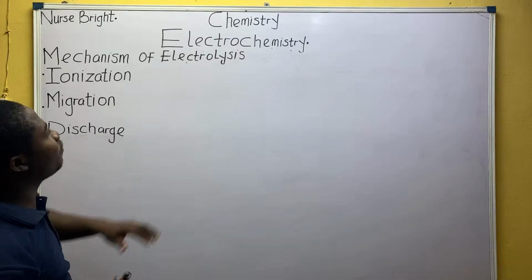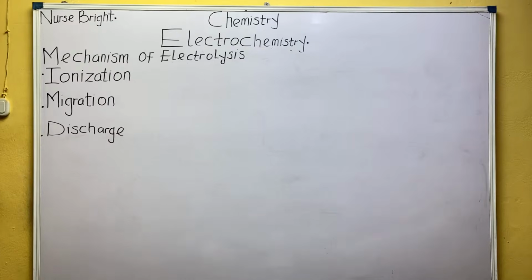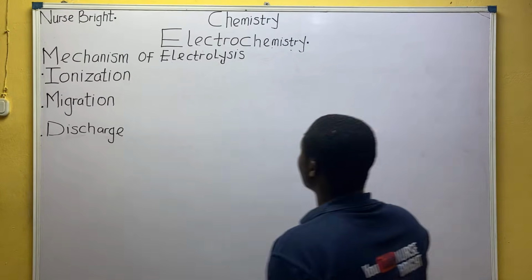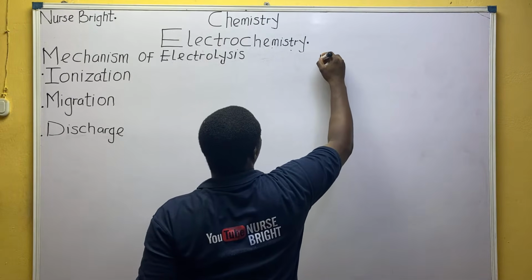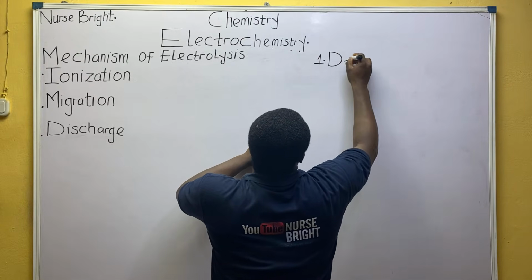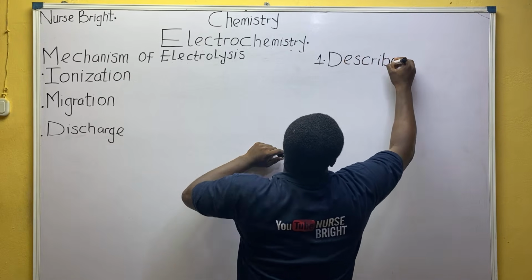So let us solve question 1 on this aspect. Question 1 says, describe the mechanism of electrolysis of molten sodium chloride and state the product formed at the anode and cathode respectively. Simple. It says describe, explain, because this is where objective questions come from.